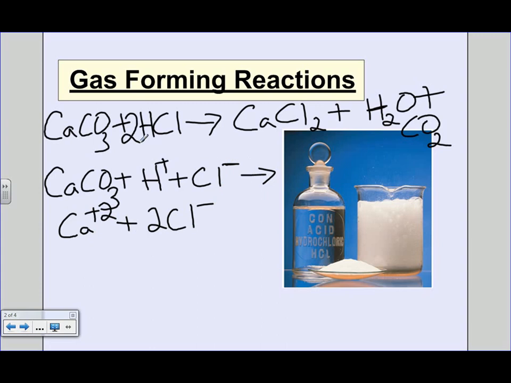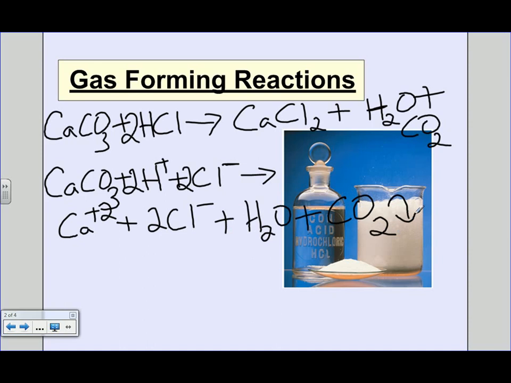I suppose maybe I should balance this whole reaction too from the beginning. And then we're also going to get our water and our carbon dioxide. And those are the bubbles you see forming in this beaker right here on the screen.